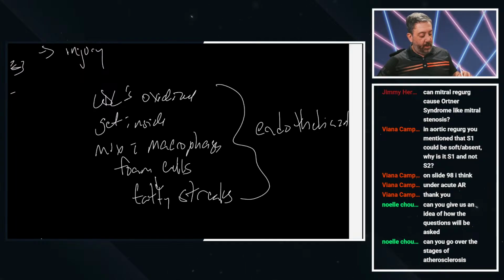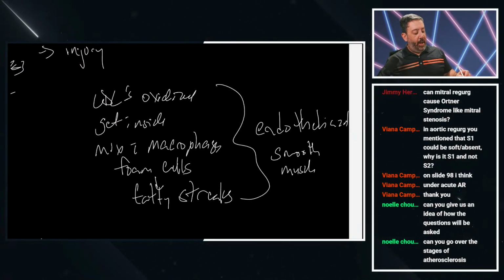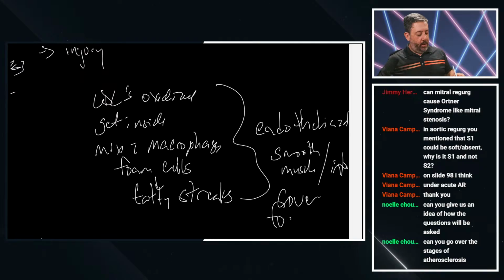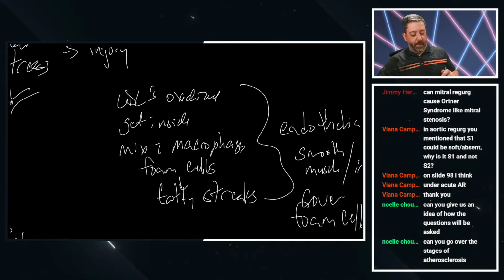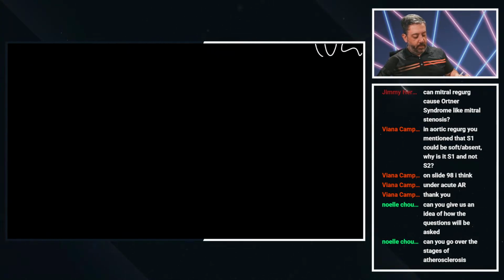Endothelialization. Well, the smooth muscle, not really the smooth muscle, and the intima cover those foam cells. Basically makes a kind of a plaque. It seals it in.